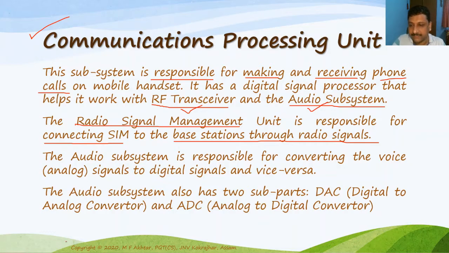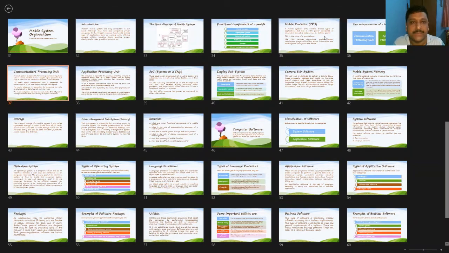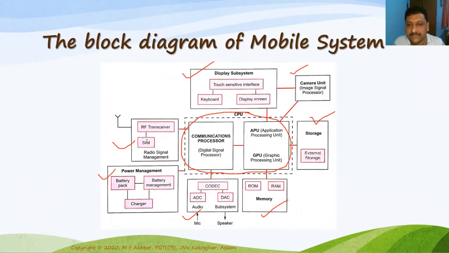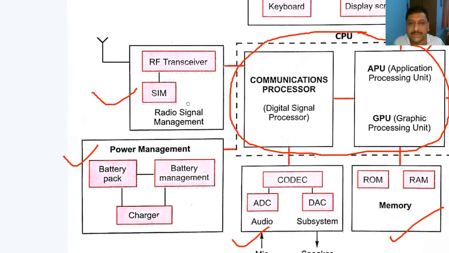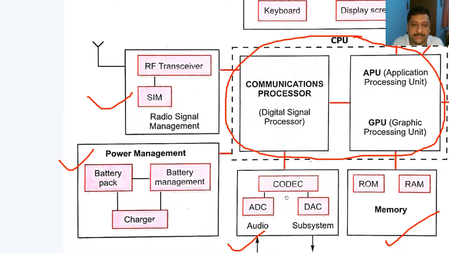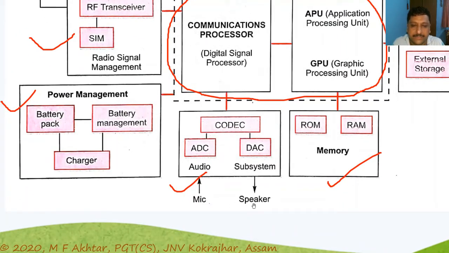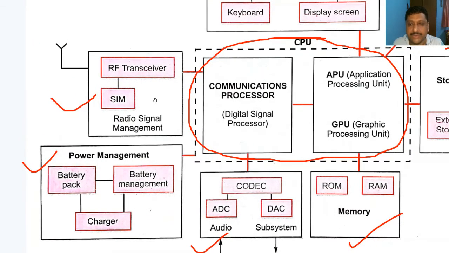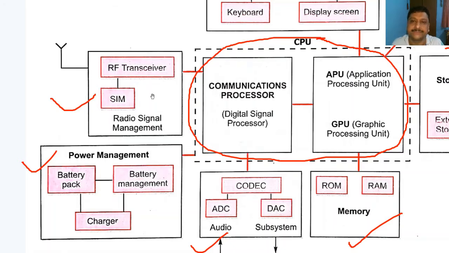You can see in the block diagram, we have already seen it. Here, this is the radio signal management, and it has the RF transceiver and SIM component. And here it is the microphone and speaker, the audio subsystem. These two components work together to make or receive calls.